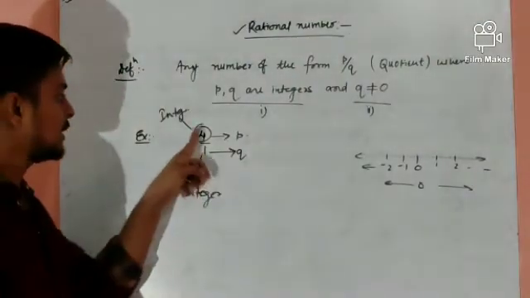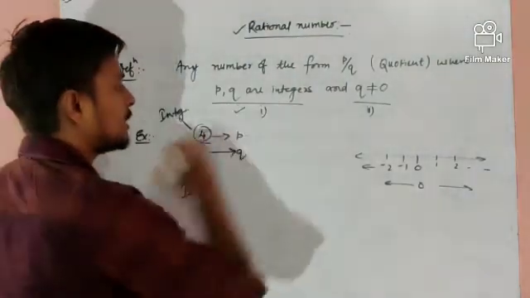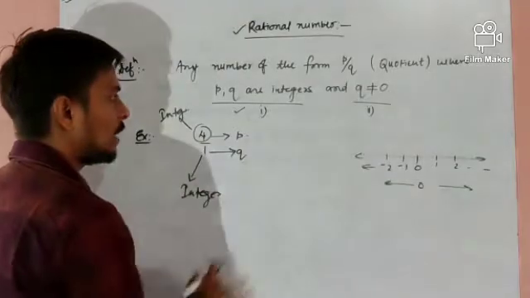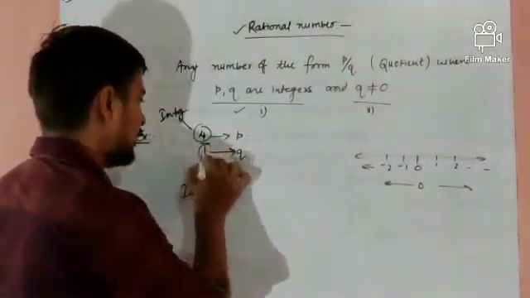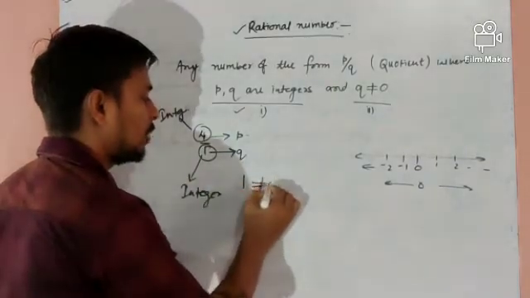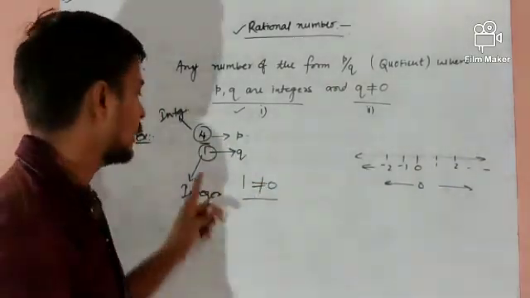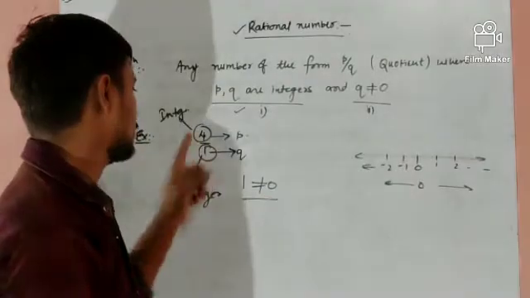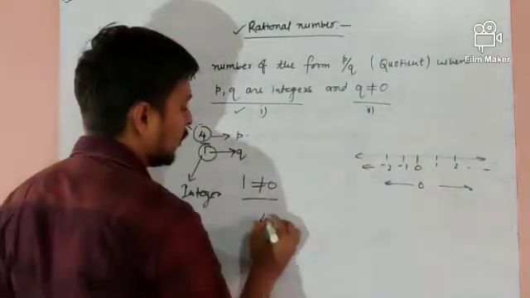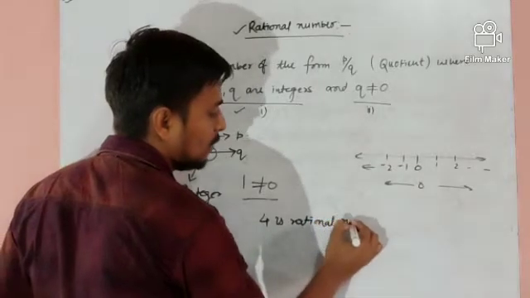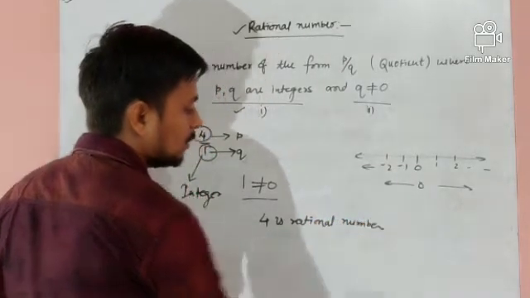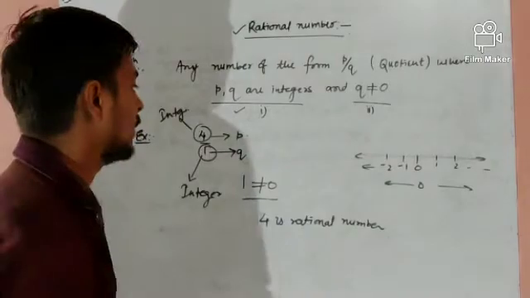So 1 is an integer, 4 is an integer. This is satisfied. The second condition is that the denominator should not be equal to 0. Here the denominator is 1, and 1 can never be equal to 0. So we can say that 4 is a rational number.